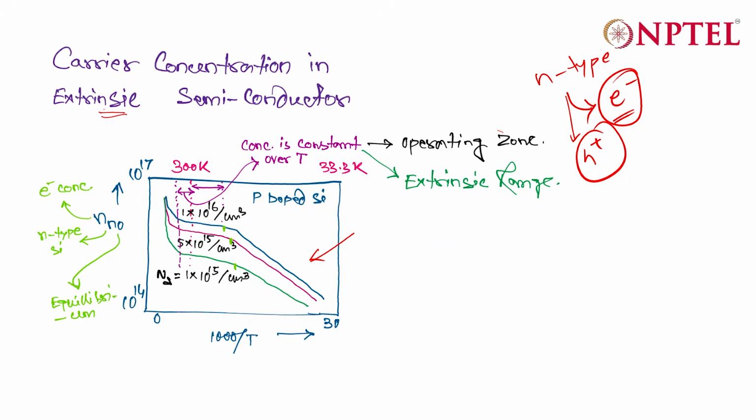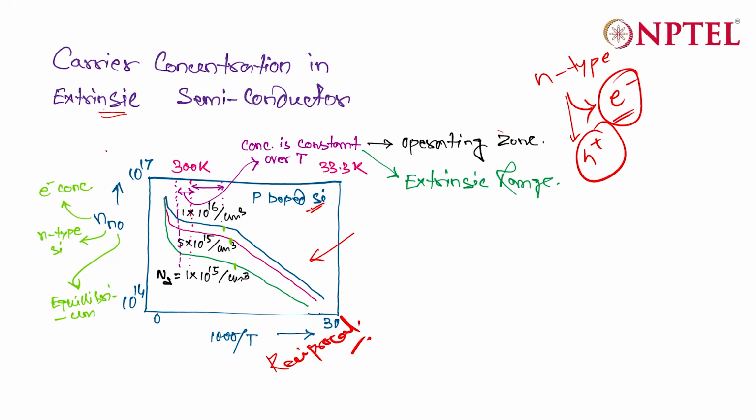Now, let's see how the majority carrier concentration is changing with temperature. In this case also it's reciprocal of temperature, so the axes are more or less same. Now, if I take an N-type semiconductor, as it is written, say phosphorus-doped silicon, so it will be an N-type semiconductor.